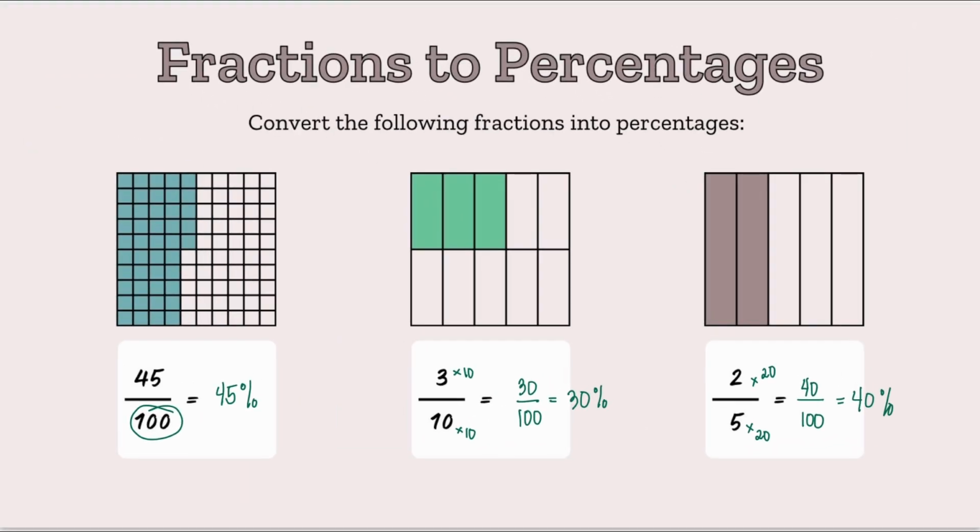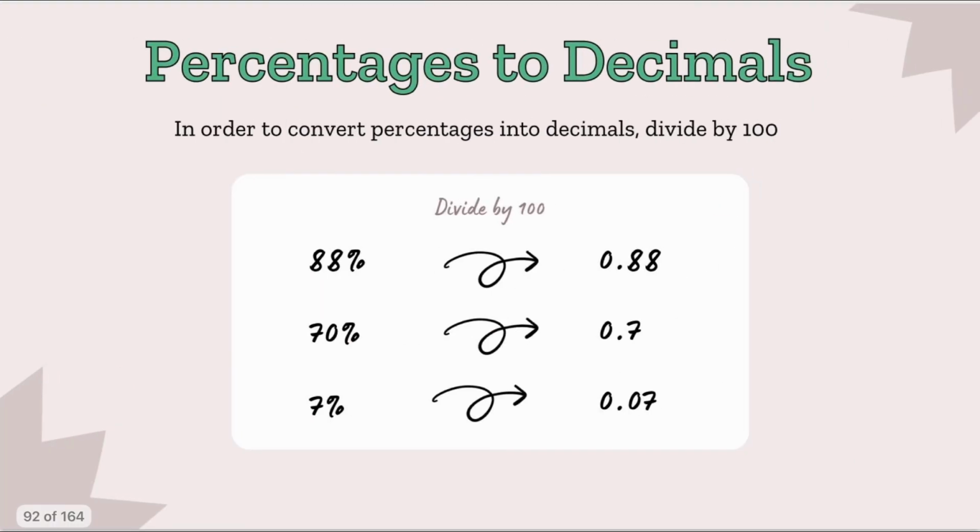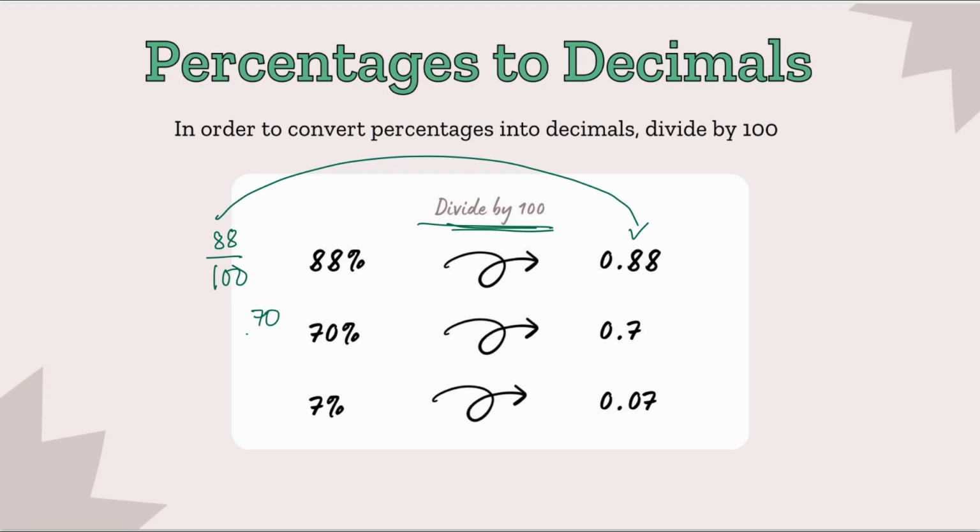This time, when we change a percentage to a decimal, we have to divide it by 100. So, 88% divided by 100 will give us 0.88. While your 70% divided by 100 will give us 0.7.